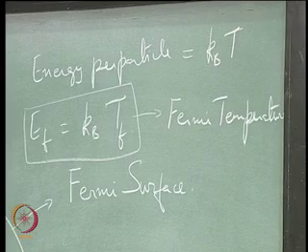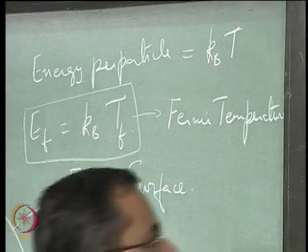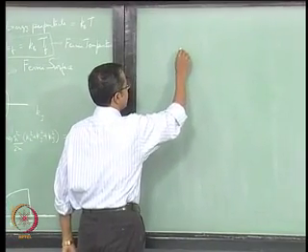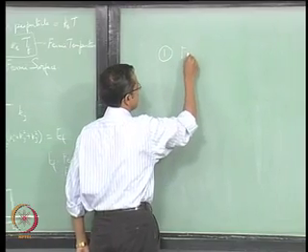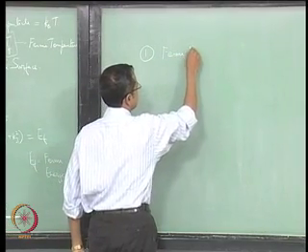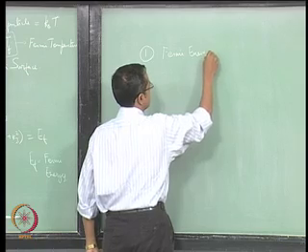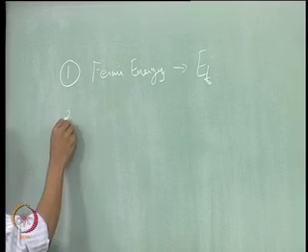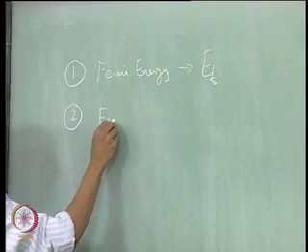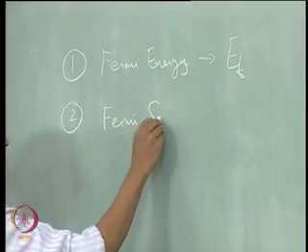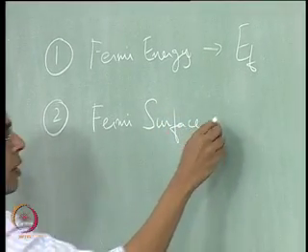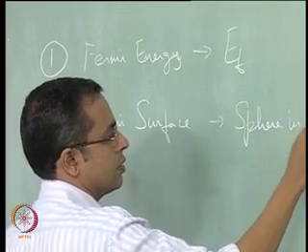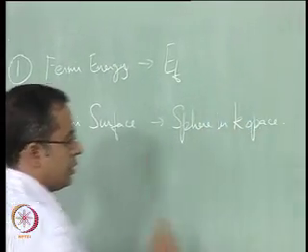So, what we see is we have three quantities, or surfaces, that we have. The first is Fermi energy, which is E subscript F. The second is Fermi surface, which is a sphere in k space.